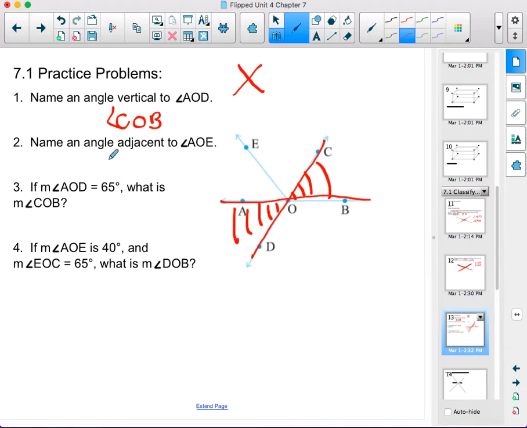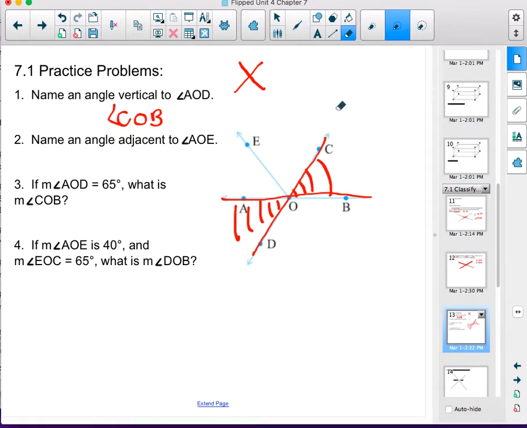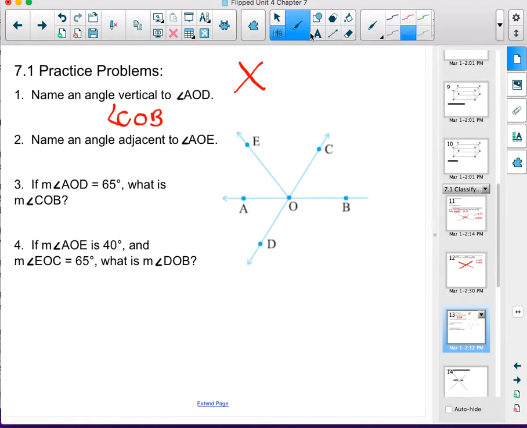If we want to name an angle adjacent to angle AOE, now I'm going to clean up some of my scribbles up here. We're looking for an angle adjacent to angle AOE. Now we're looking for an angle that shares a vertex and shares a ray.